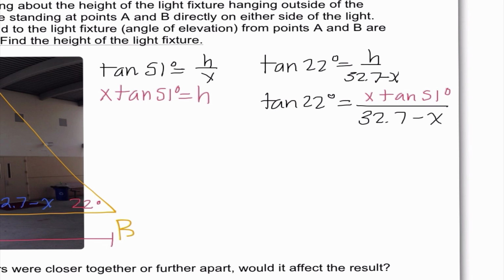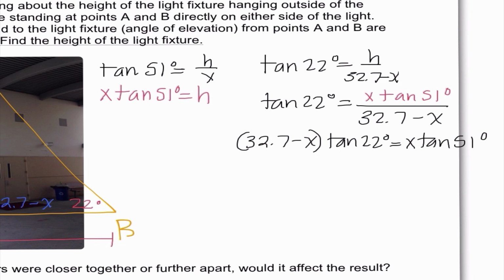So what I'm going to do here, I'm going to multiply. So I get 32.7 minus x times the tan of 22 degrees equals x times the tan of 51 degrees.